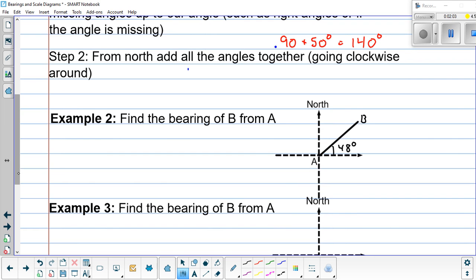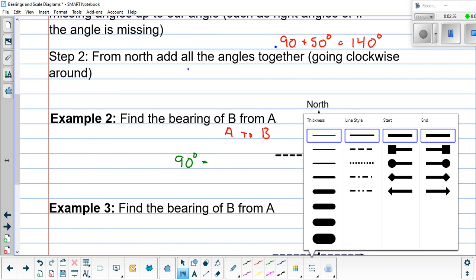Next one, we're given this 48 degrees, but we want the bearing of B from A. So remember, we want A to B. If we're at A and we're going to go to B, we're looking for this part in red. Here, we know that this part is a right angle, in green. So I'm going to say 90 degrees for that right angle, and then subtract off that little part we have in black, 48 degrees.